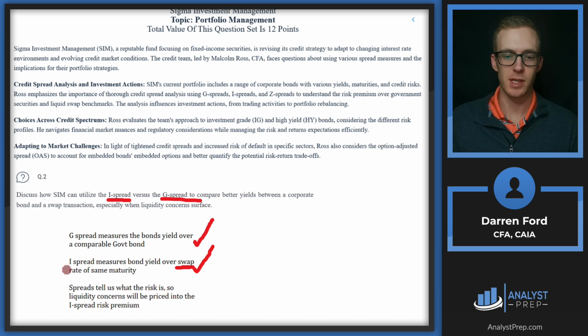So essentially, because the I spread is the yield over the swap of the same maturity, the spread is telling us the risk. So liquidity concerns should be priced into that risk by the market. So yeah, I think you'd get 1 point here for differentiating between the two, and then another point for the discussion, or maybe just 1 here, 2 for the discussion.